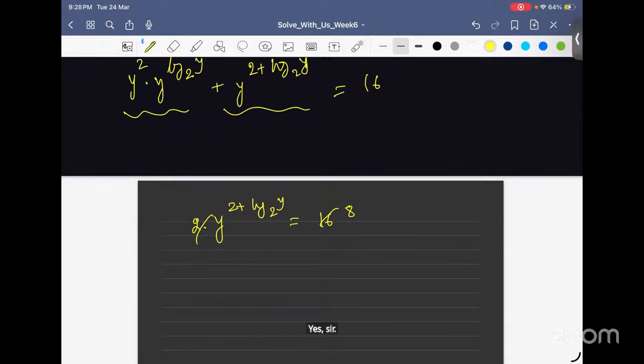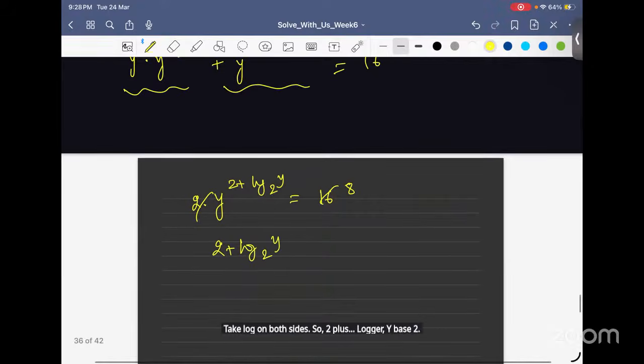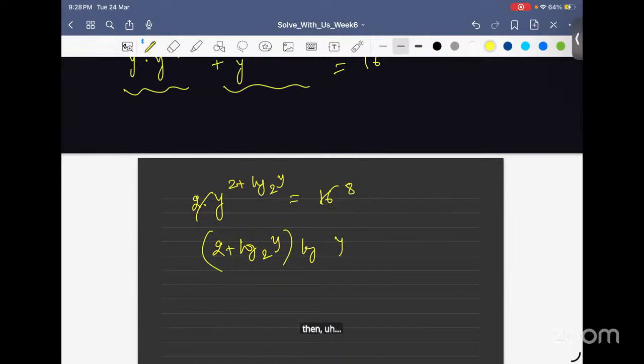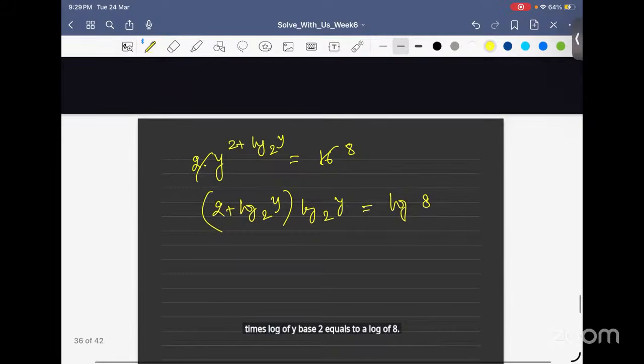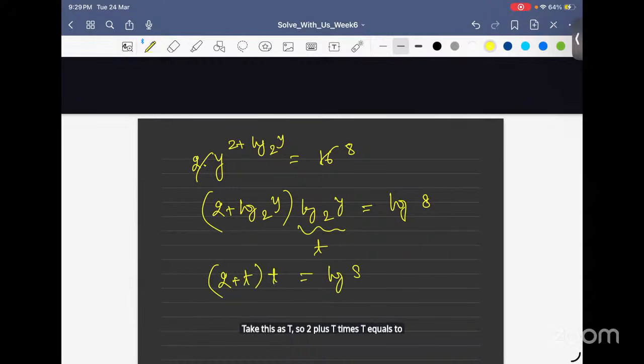Now what can we do? Take log on both sides. So 2 plus log of y base 2 times log of y base 2 equals log of 8. Take this as t. So 2 plus t times t equals log of 8.